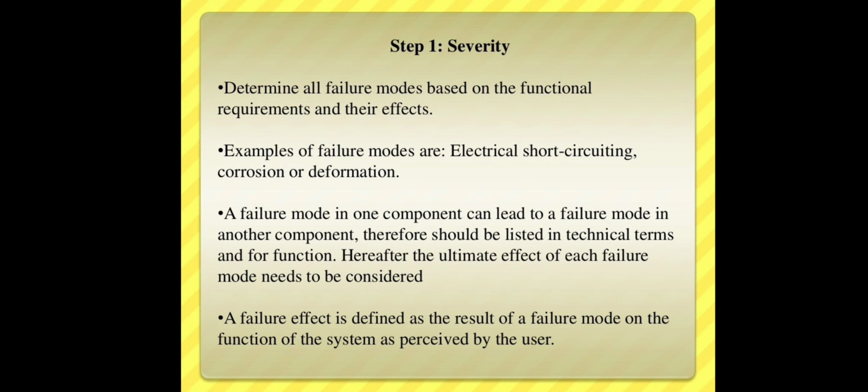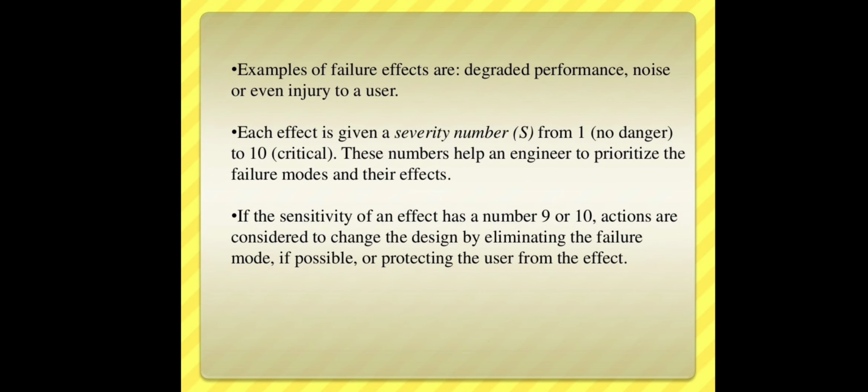A failure effect is defined as the result of the failure mode on the function of the system, or as perceived by the users. Examples of failure effects are degraded performance, noise or even injury to a user.